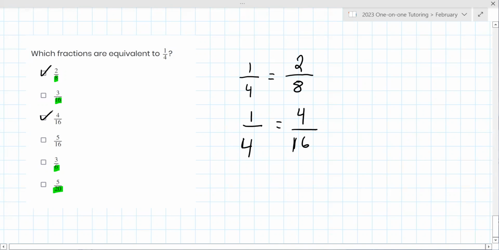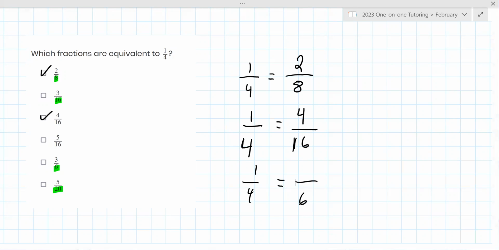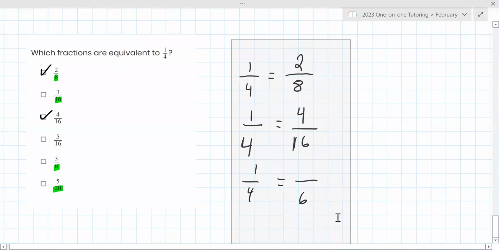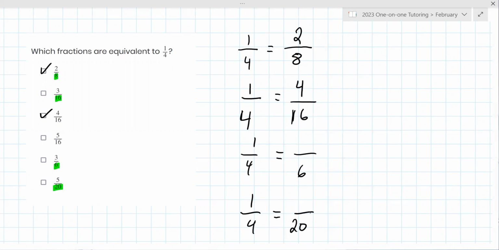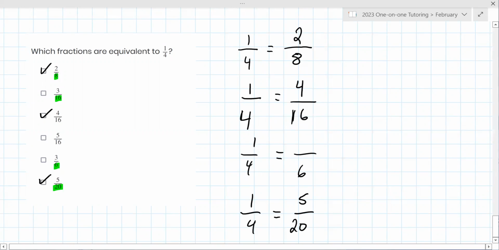Okay, now can you go from 4 to 6? No, you cannot. So that one's out. Now, last one is, can you go to 20? Yeah. 5. By 5. So this becomes 5 over 20. That one there.